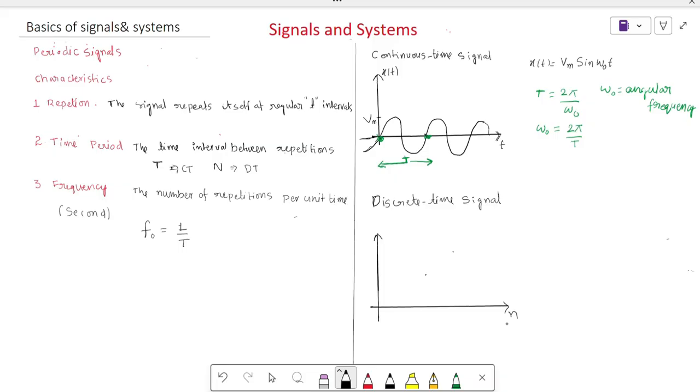So in magnitude, we should write a square bracket, x of n. Here also I am taking x of n equal to Vm into sine omega naught into n.